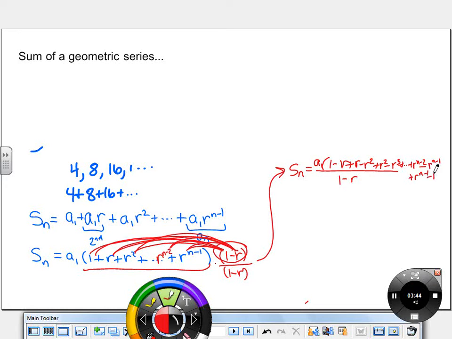And then we get minus r to the n. Sorry that it overflowed a little bit over here. But you can see that basically all these terms are going to be canceled out by some previous term, except for the first and the last term. So our formula becomes, and this is important to write down because this is the actual formula we're going to be using. So this means if I want to sum up a certain number of terms in a geometric series, I can do it using this formula.